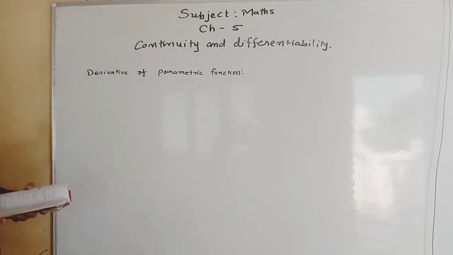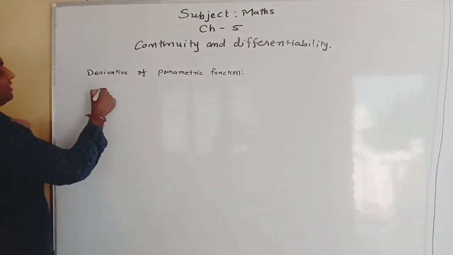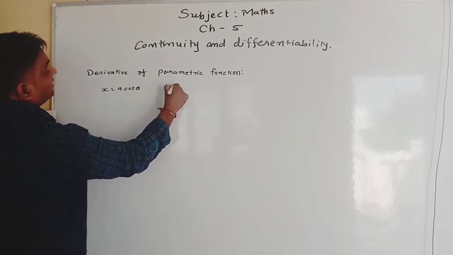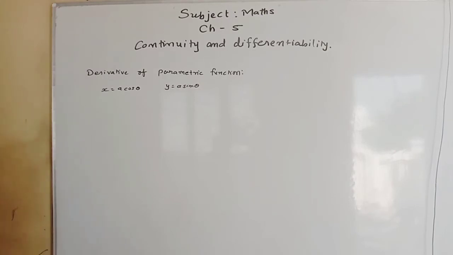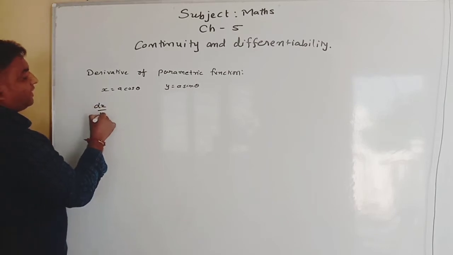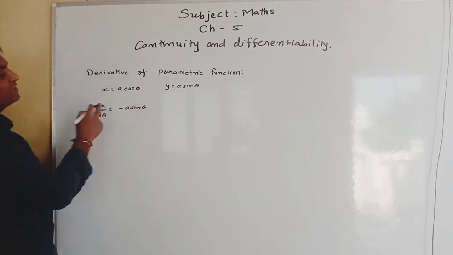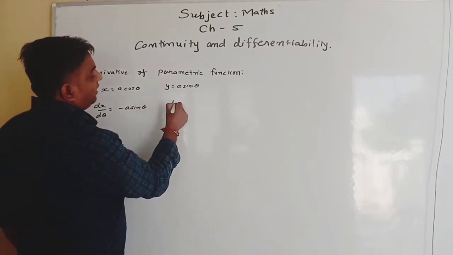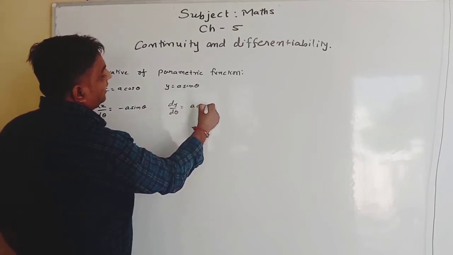Let's see some examples of the parametric form. Here it is given x equals a cos theta and y equals a sin theta. The parameter is theta, so we differentiate both functions with respect to theta. Then dx by d theta equals minus a sin theta, as the differentiation of cos theta is minus sin theta, and dy by d theta will be a cos theta.